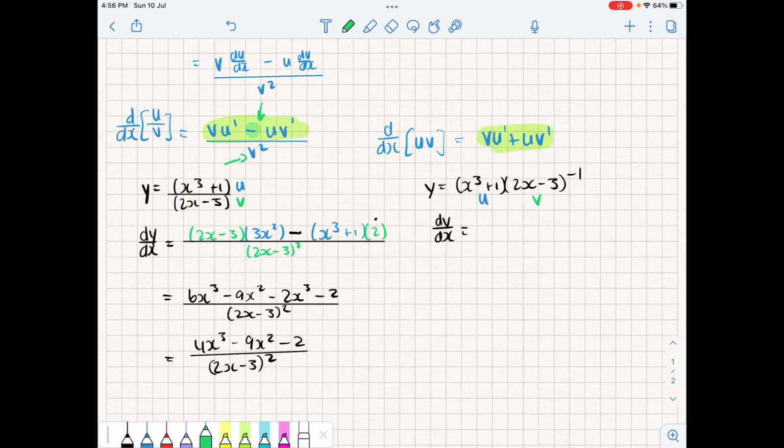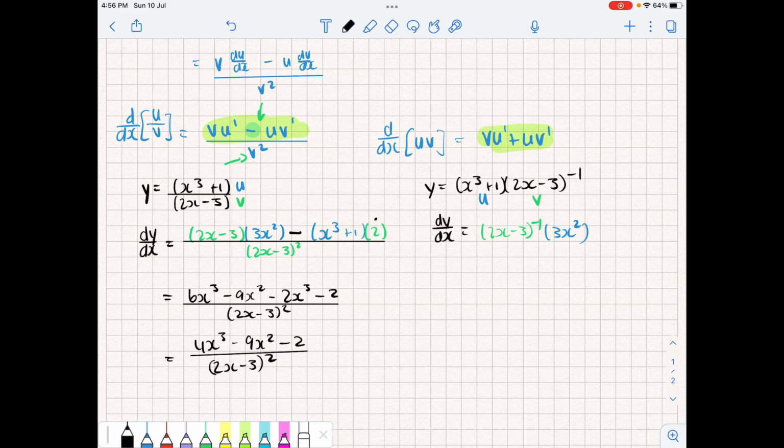So we're going to do vu' plus uv', so v is just 2x minus 3 to the power of minus 1. Don't forget the minus sign, it belongs to the function. And then we want times the derivative of u, so this is 3x squared.